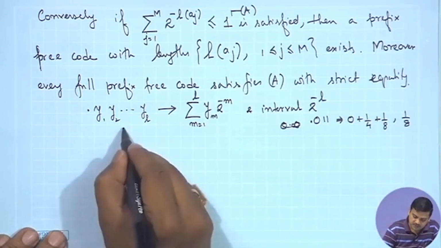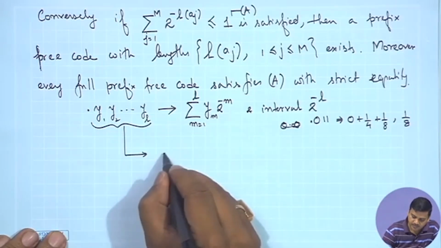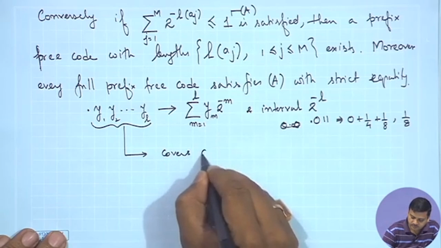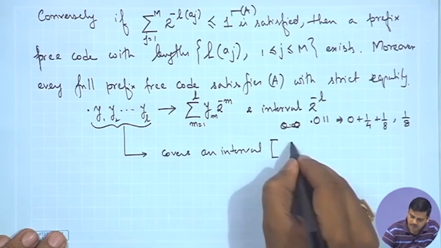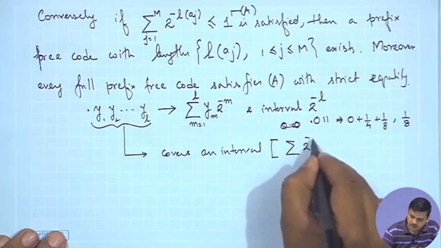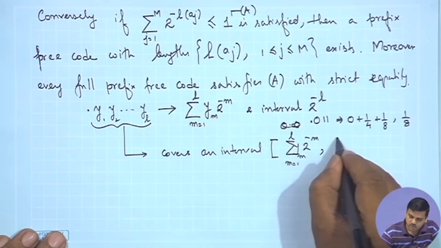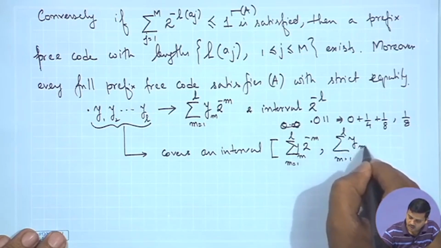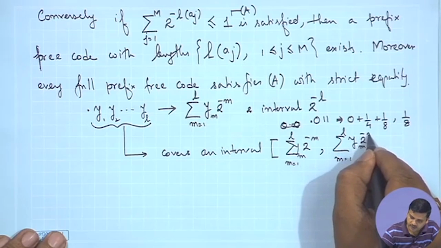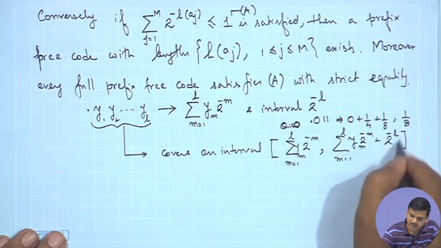Now, that means this particular sequence covers an interval which is marked by the sum over m equals 1 to L of y of m times 2 to the power of minus m, plus 2 to the power of minus L, because this is the interval length which we have set.